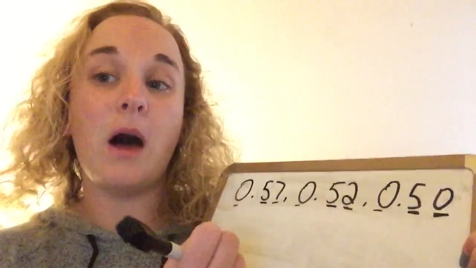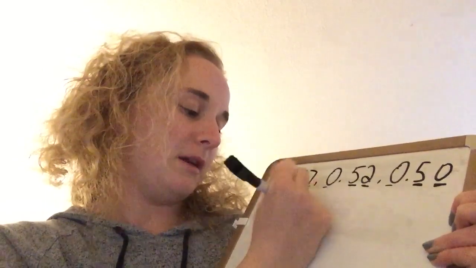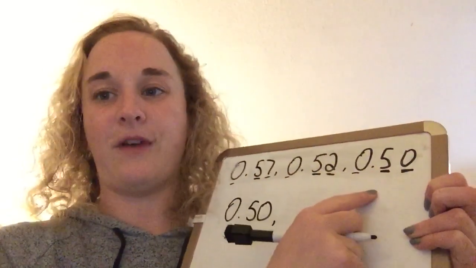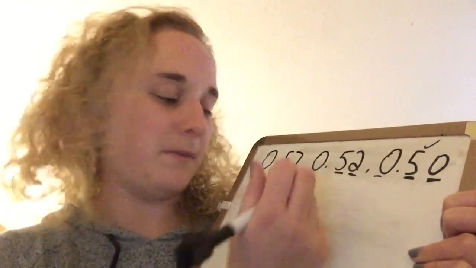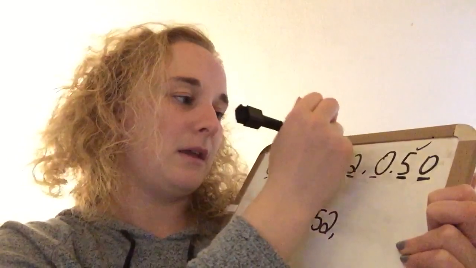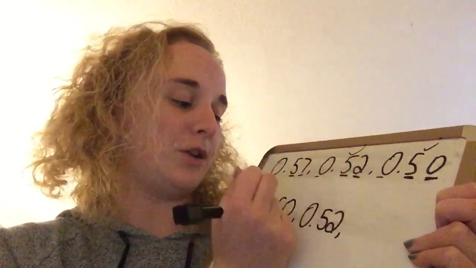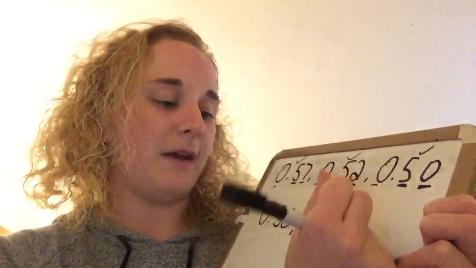So my smallest number is going to be 50 hundredths because of that 0 that we added in on the 5/10. Now I'm going to write my second decimal, which is 52 hundredths, okay? Because a 2 is larger than a 0 and less than a 7, which leaves us with 57 hundredths.